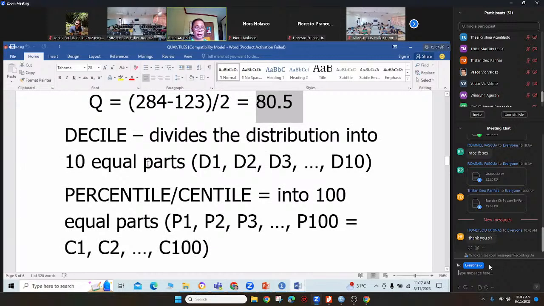Actually, I also demonstrated to you last time, if you want to know, for example, the 10th percentile, the 30th percentile, the 40th percentile, all you have to do is check the box under percentile, and write the specific percentiles that you would like to compute.